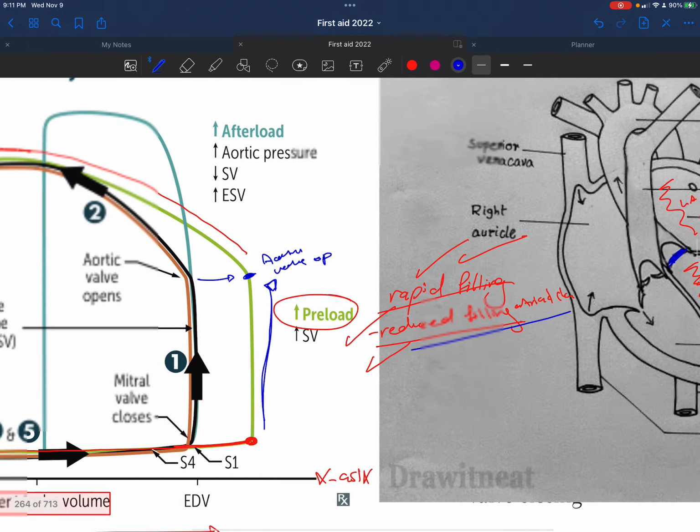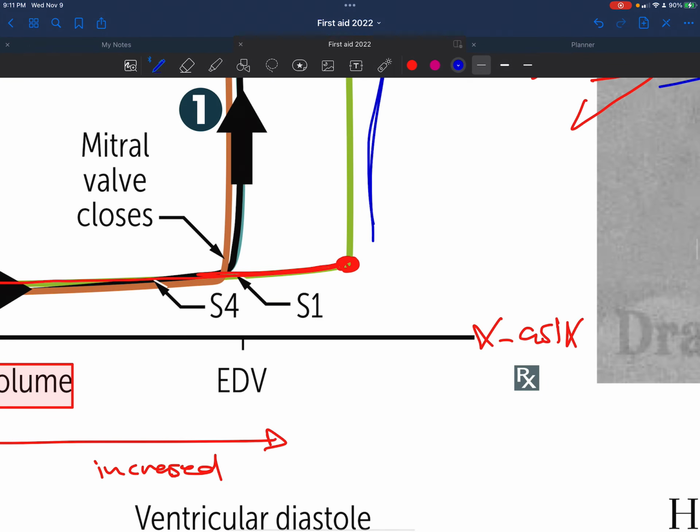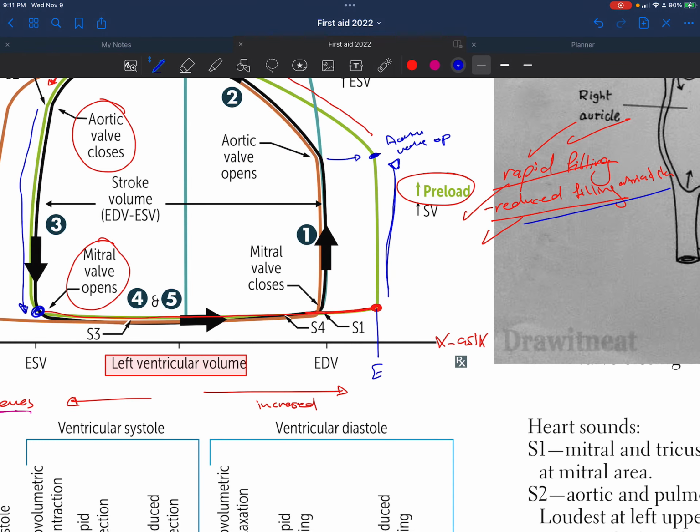So the end diastolic volume, if you take a look over here, is more than expected. This is the normal expected end diastolic volume. This is the new end diastolic volume. This is the new amount that stays at the end of the left ventricular filling.